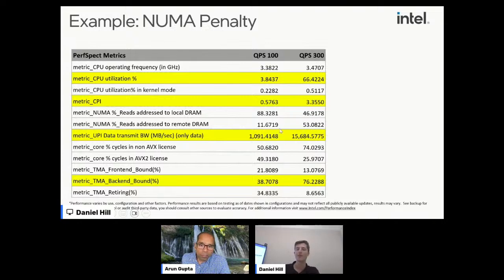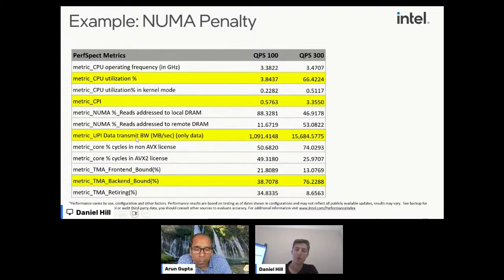So what could be the culprit? This is when we start to look through all these other metrics, and it's nice to do a side-by-side comparison, see what changes dramatically. And what we saw changing dramatically was this UPI data transmit bandwidth and backend bound. So backend bound, if you remember from that diagram earlier, that's like how quickly we could load things into our CPU. We weren't able to load things into our CPU fast enough to execute it.